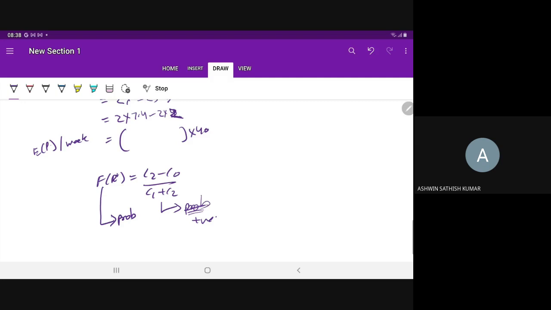But we can have the chance of it being negative also, due to the presence of the minus C naught. But here we always have C2 greater than C naught. What is C2? C2 is the shortage cost, and C naught is the purchase cost.